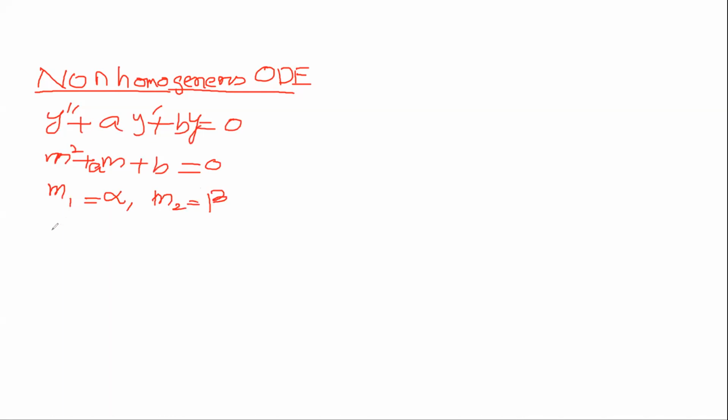So the solution for this homogeneous equation will be c1 e power alpha x plus c2 e power beta x. Sorry, beta x, yes. Let me correct it. Where is the eraser?